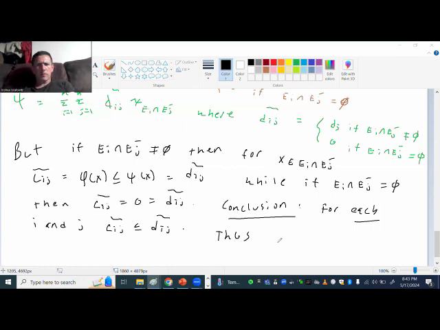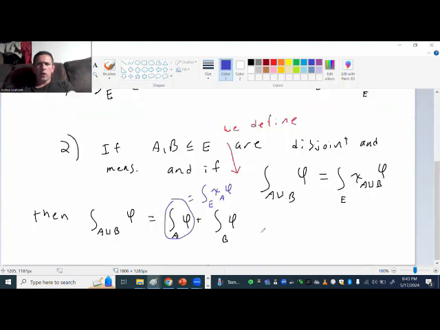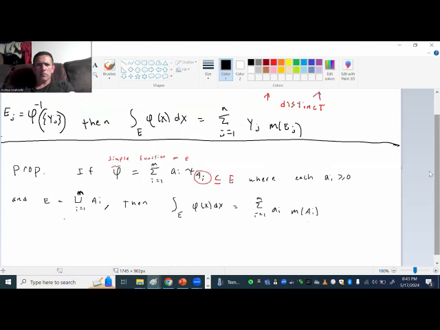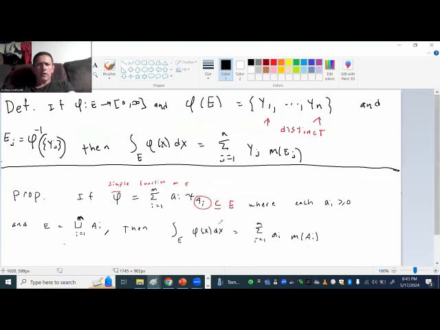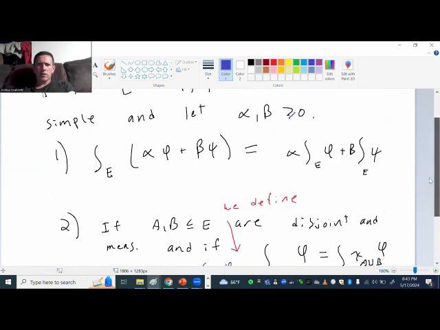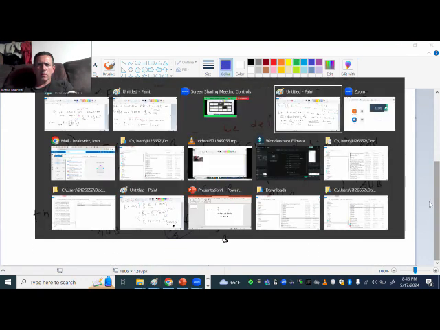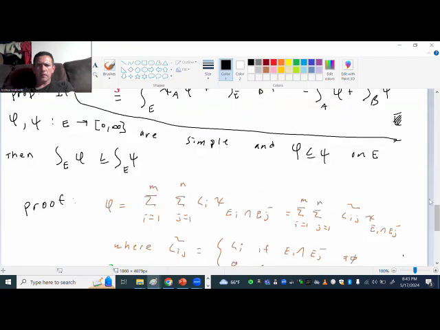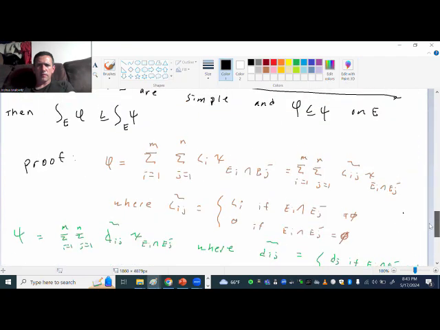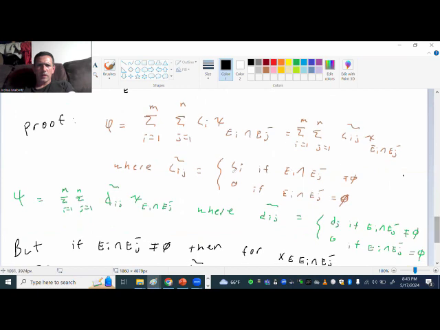So let's use the proposition one more time. I'm going to use the proposition twice, so it's actually two more times. Again, these here and these here are non-negative.